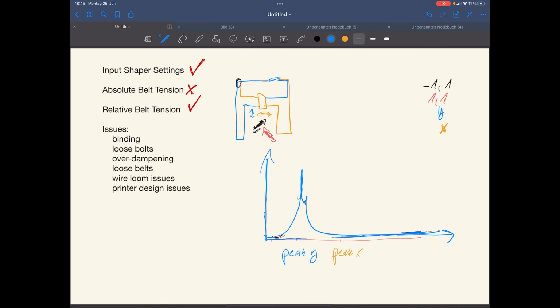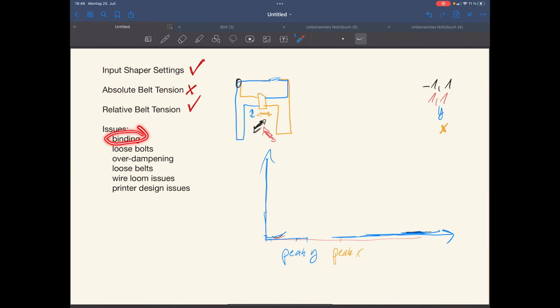If you have something like this, it either means that something else is resonating here. This could be anything, most of the time a loose bolt, or the table you're sitting on. But if it's really close to each other, there's a good chance that this is just belt tension. Of course, if you measure something like this on a V-Minion, this won't be belt tension differences. We're only talking about Core XY in this case.